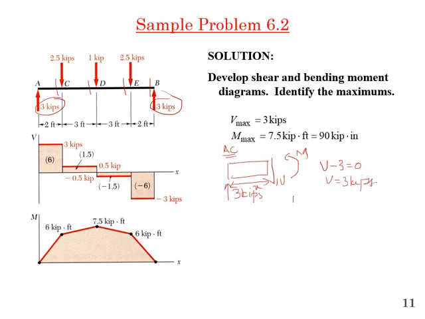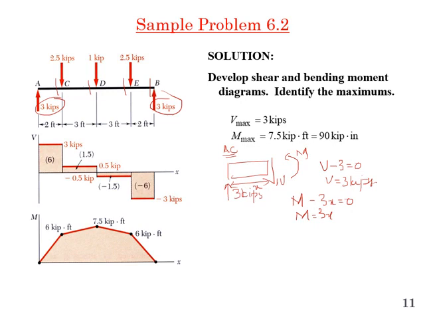And M minus 3x is equal to 0, so M will be equal to 3 times x. With x equal to 2 feet, it will be 0 at A and 6 kilo-pound feet at C.